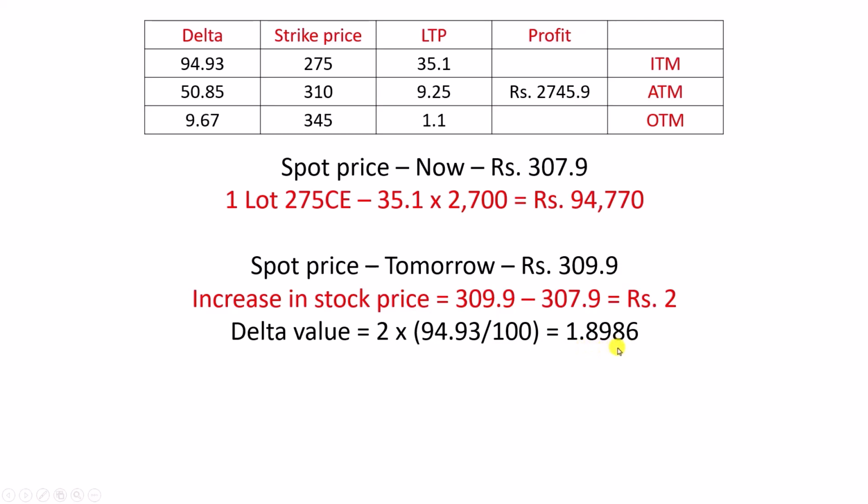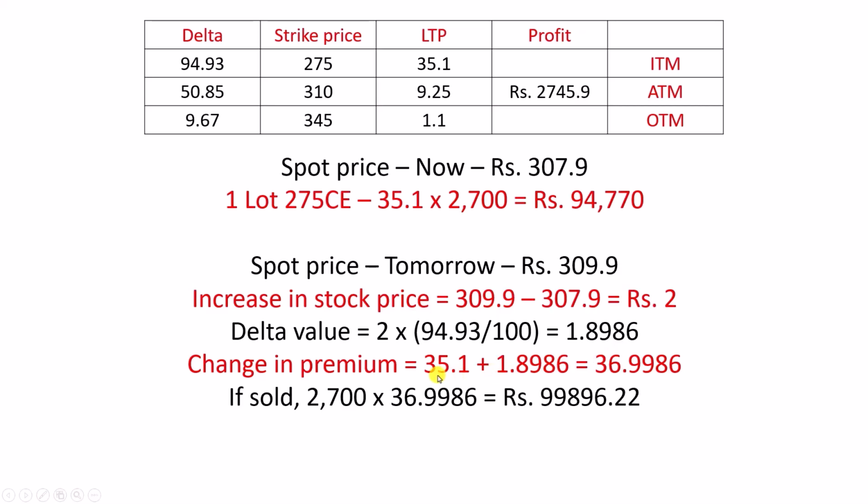So, the change in premium would be 35.1, the one at which I had bought, 35.1 plus the delta value, which is 36.9986. Okay. So if I sell today, then I will get this much money in my account.